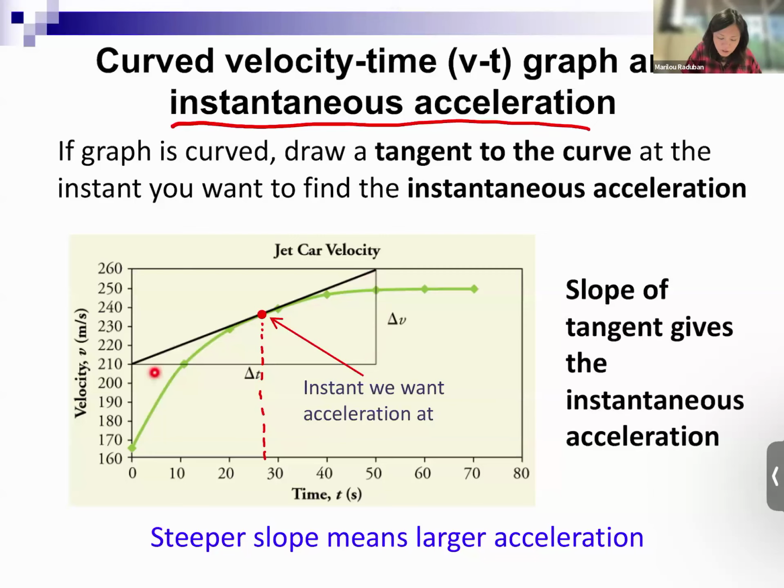In this diagram, this bold black line is the tangent at the point where we want to determine the instantaneous acceleration. These 2 points are used to determine the change in velocity and the change in time. We use them to calculate the slope, and that gives us the instantaneous acceleration. The steeper the slope, the larger the acceleration, because the steeper the slope, the bigger the change in velocity.